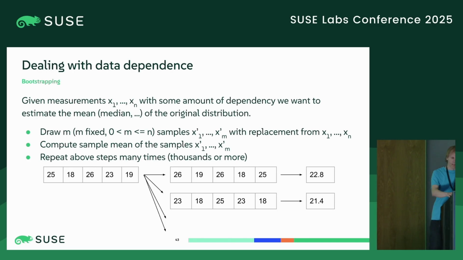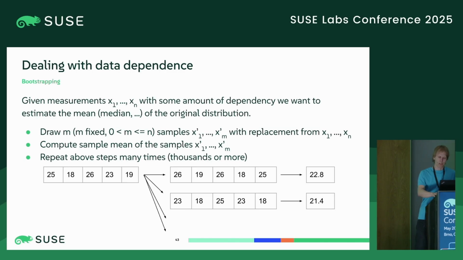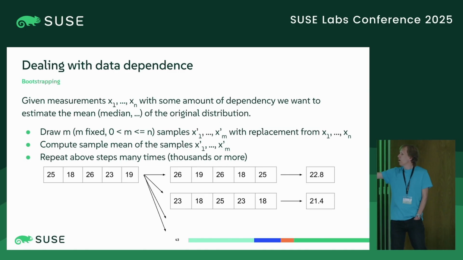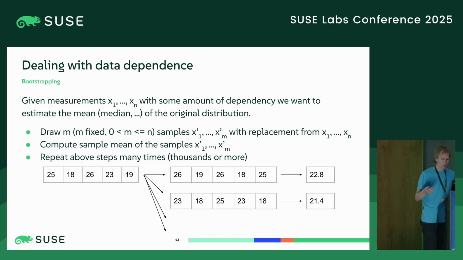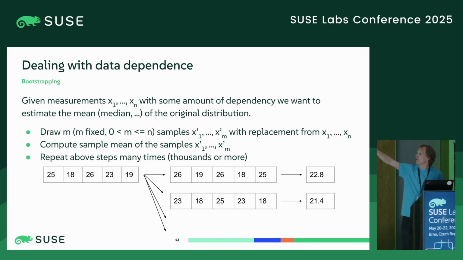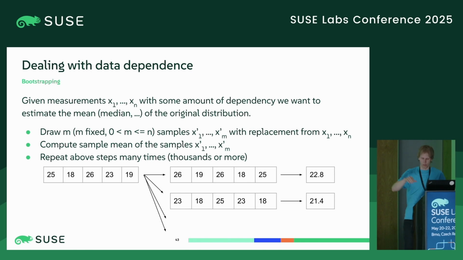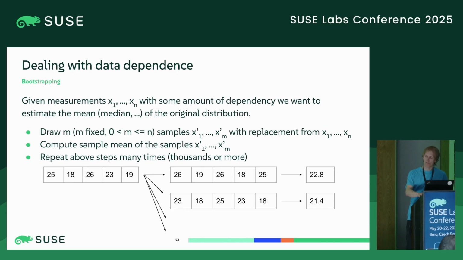And then there is something called the bootstrap theorem, and that says that if you do this enough times, then the distribution of these averages you have computed is going to follow very well the distribution of the original samples you have drawn from the first distribution. So in particular, you can use the variance of these averages as a good estimate for the confidence interval of your average.